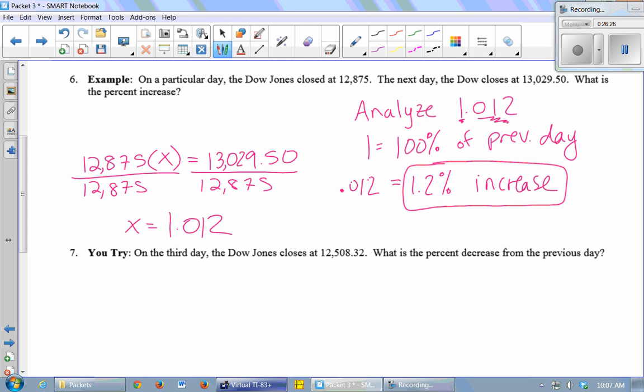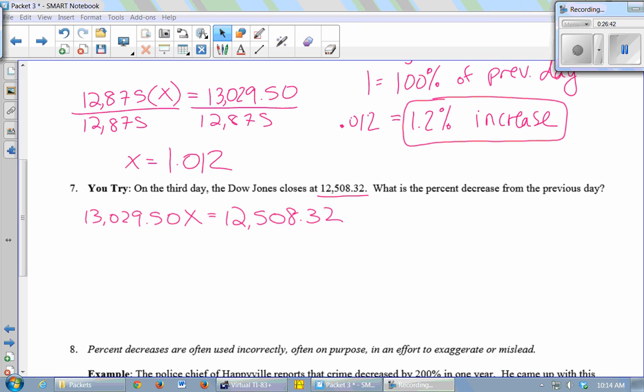All right, so I want you to try the next one. Now, the third day, we have the Dow Jones closing at 12,508.32. What is the decrease from the previous day, from 13,029.5? What's the percent decrease? Okay, so let's do this together. I saw several different approaches, and I'm showing you some approaches.